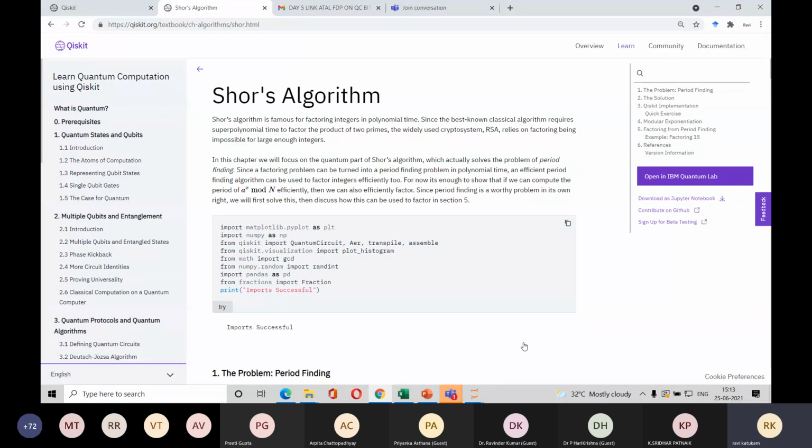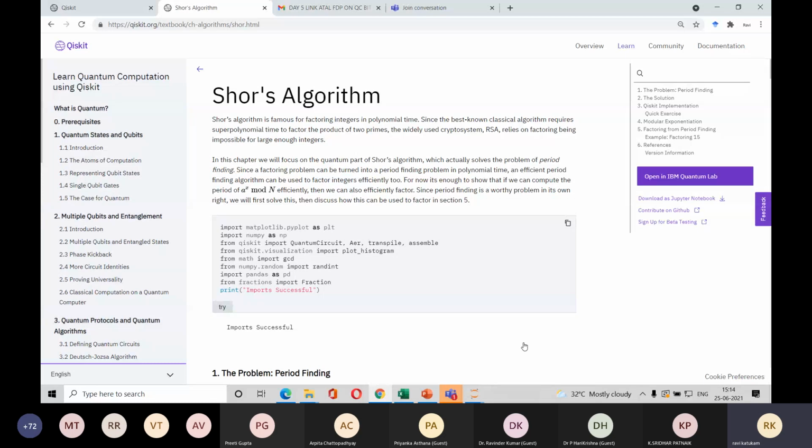This is important. Most of you are curious about the Shor algorithm. Shor's algorithm is a number factoring algorithm. In a minimal number of operations, it will factor the given number, and it has a lot of application in cryptography.